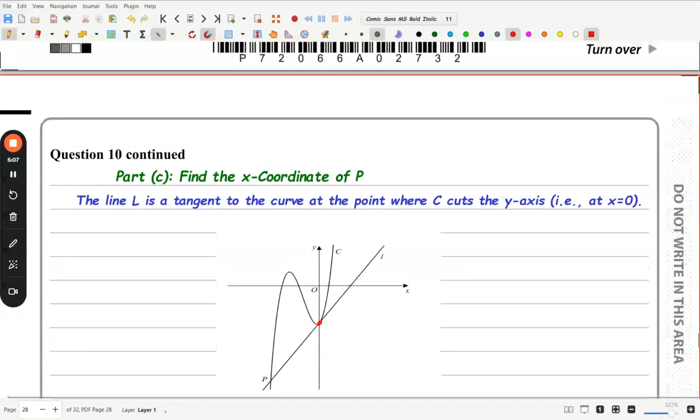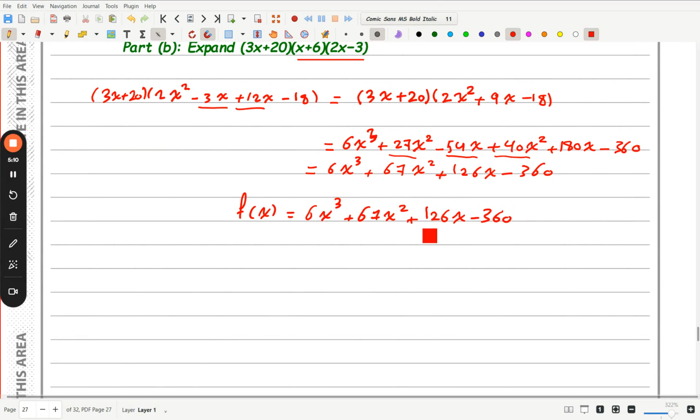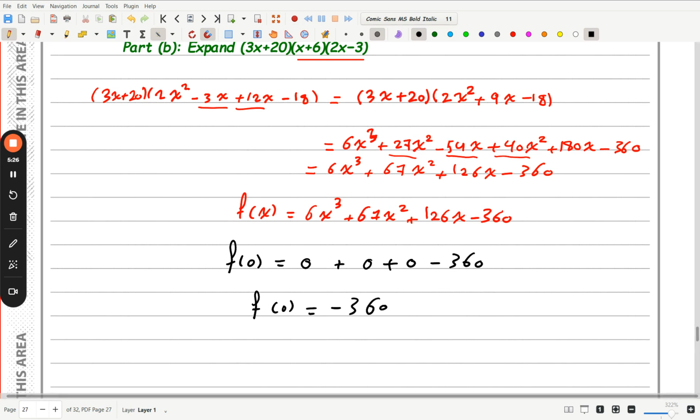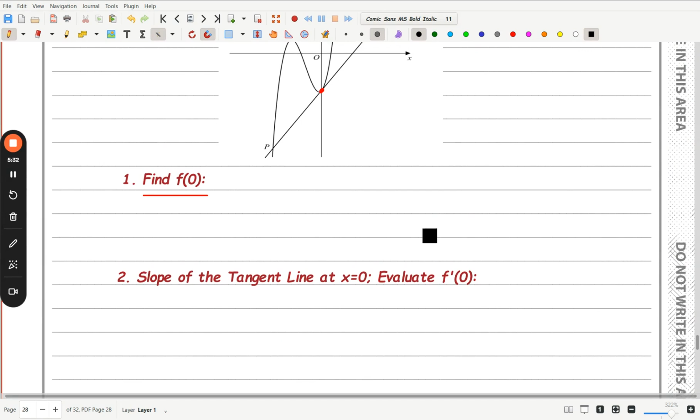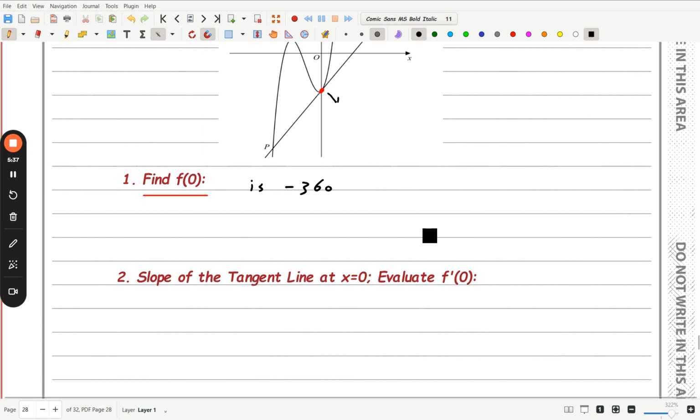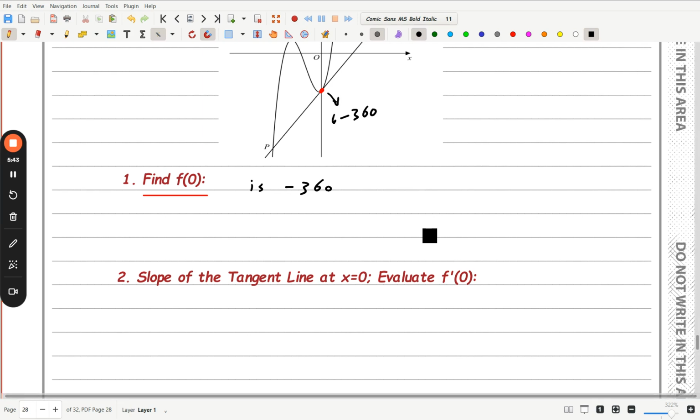So here we need to use the function that we have. f of 0 equals 0 plus 0 plus 0 minus 360. So f of 0 equals minus 360, which is the y-intercept. So here we have minus 360 as y and 0 as x. This is the y-intercept point.